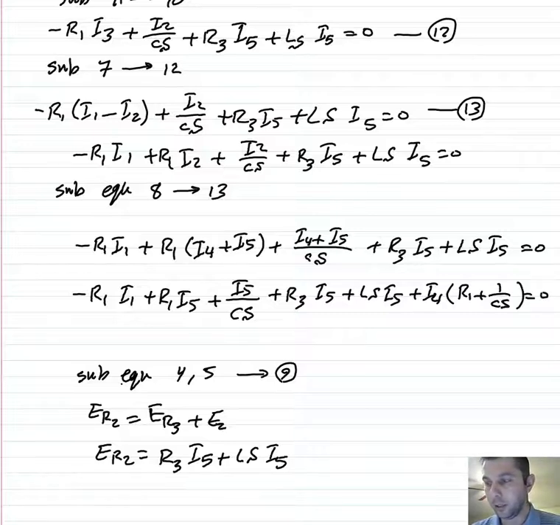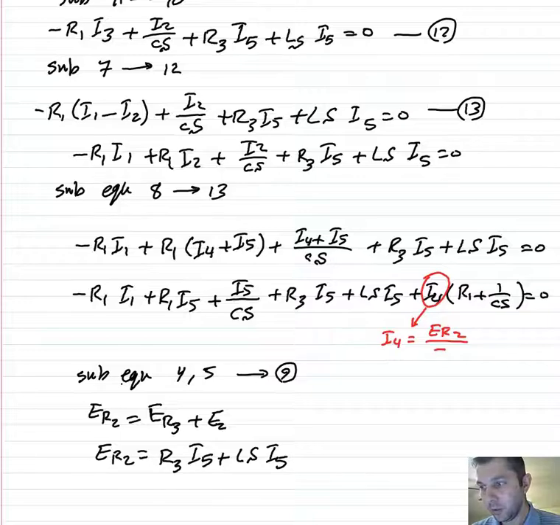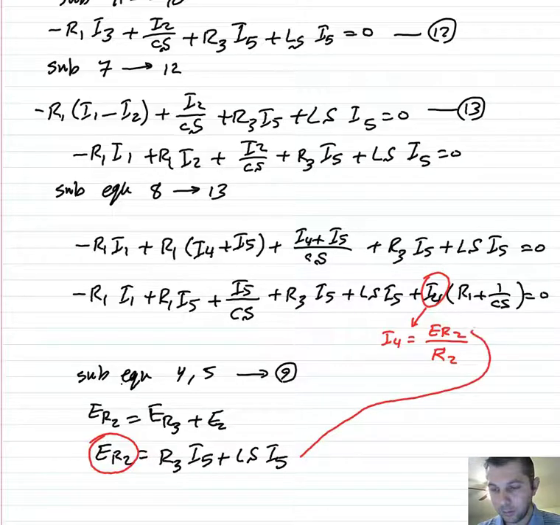And for the current 4, it is equal to ER2 over R2. And we have the equation of ER2, so we will substitute it here.